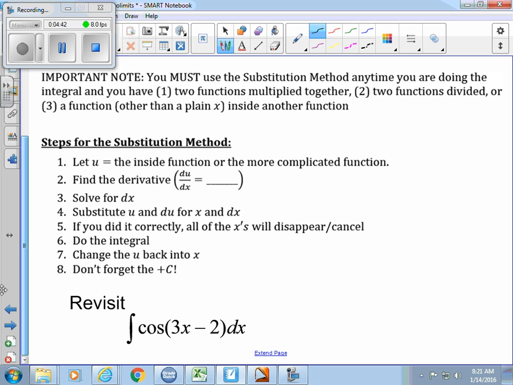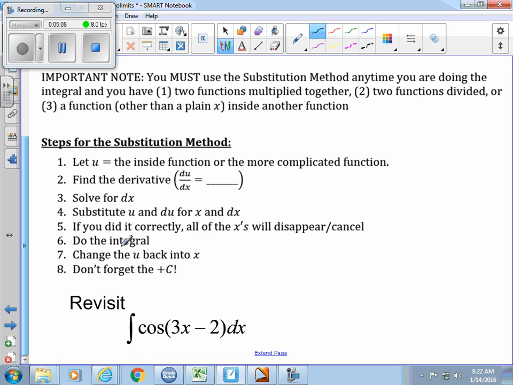As you can imagine, this won't work for everything. It will work for everything in Cal 1. Everything that you would be given to do by hand, it will work. We could come up with problems that this wouldn't help us on, but we'll talk about that at a later date. Do the integral, change the u back to x, put a plus c.